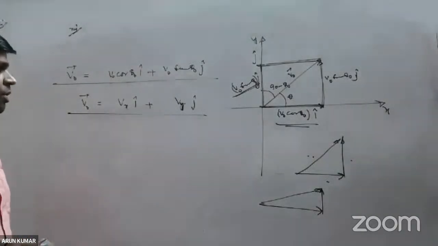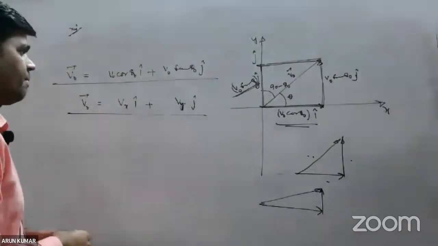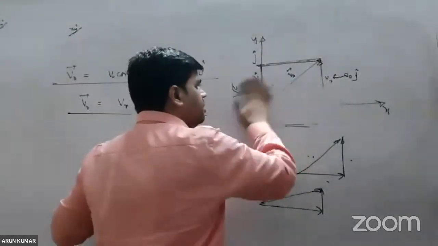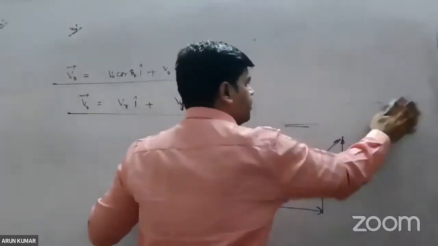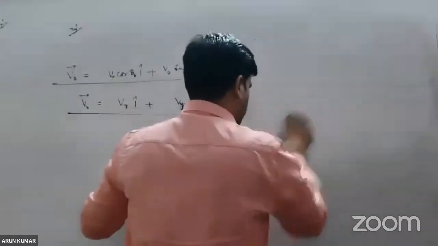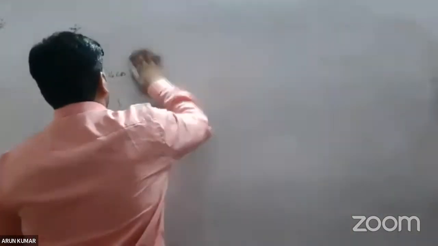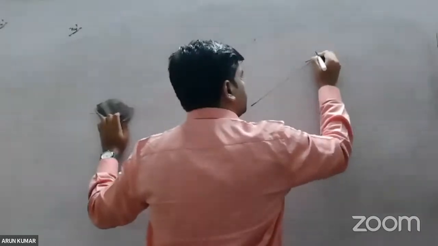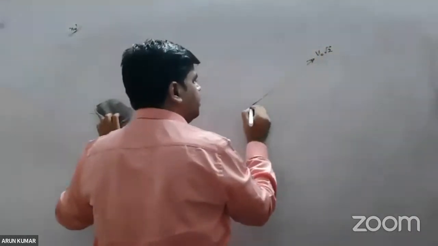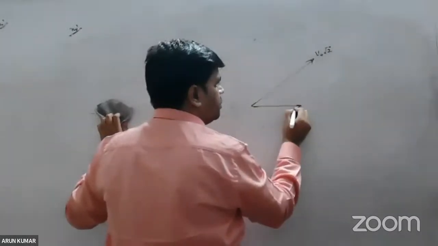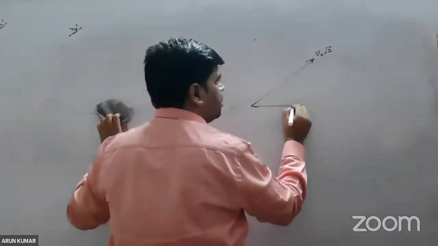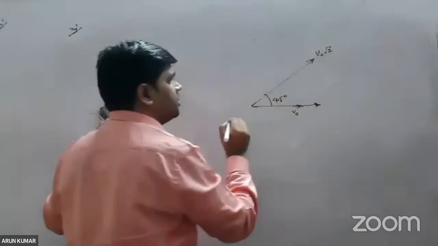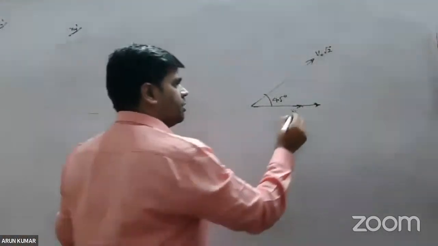Okay. Now let's understand one thing. Let's add two vectors: V naught root 2 and V naught, at 45 degrees. All right.